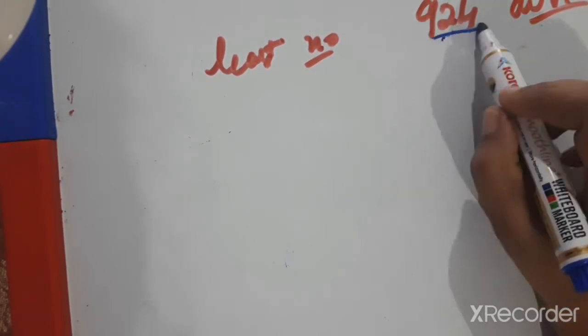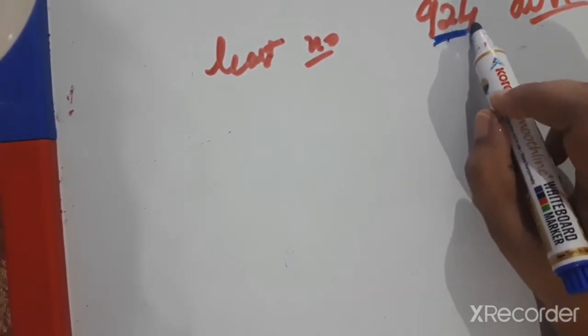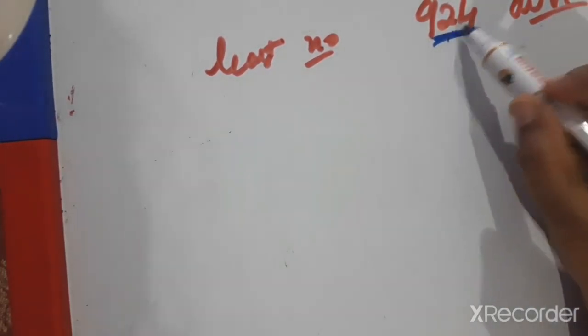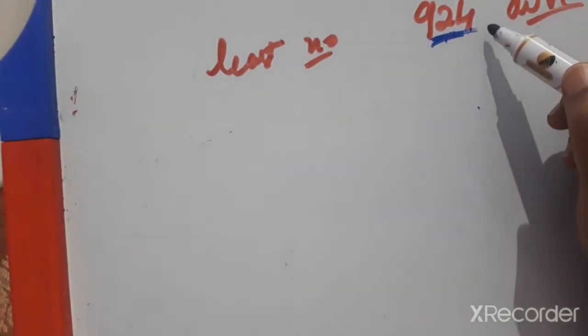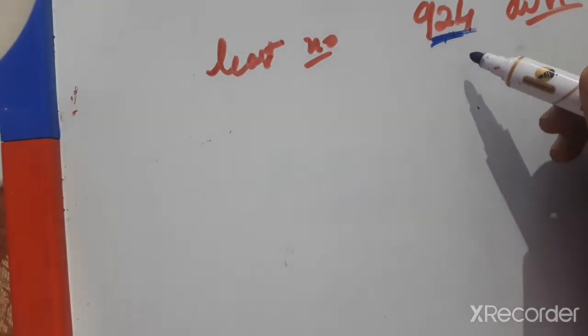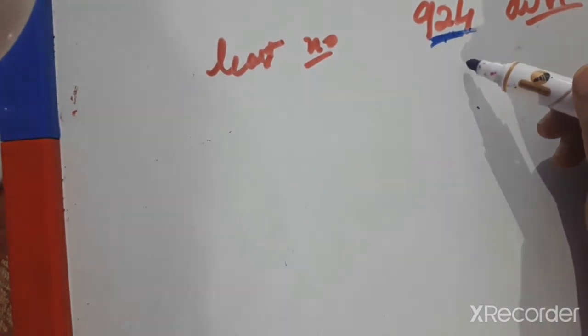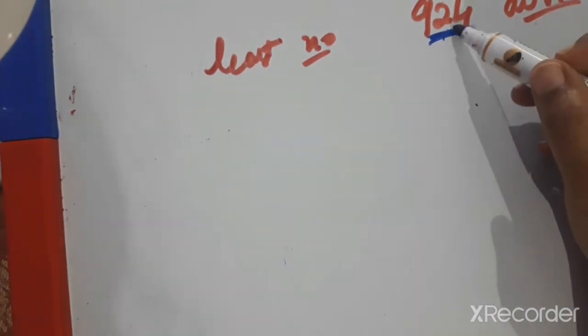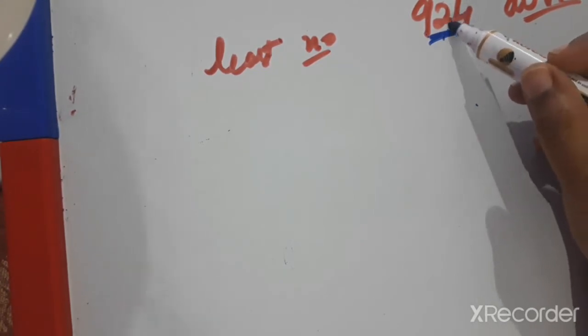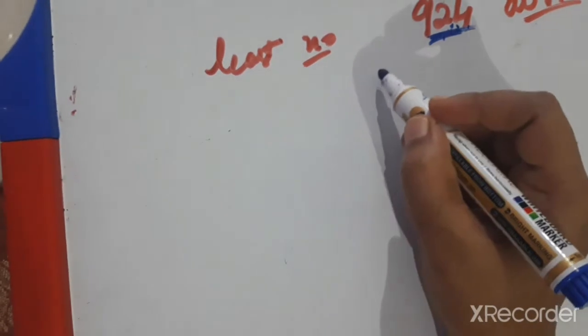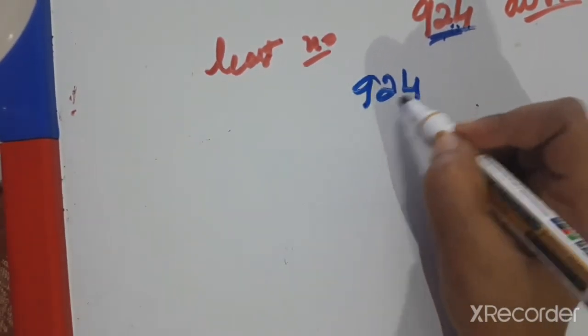It is not a perfect divisibility of 48, so after dividing we get a remainder. Perfect divisibility means the remainder should be 0. So first find 924 divided by 48.